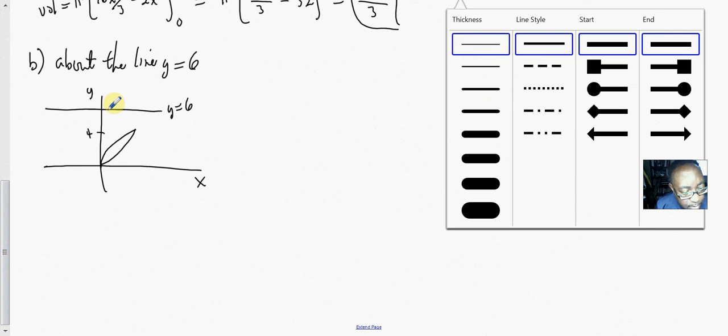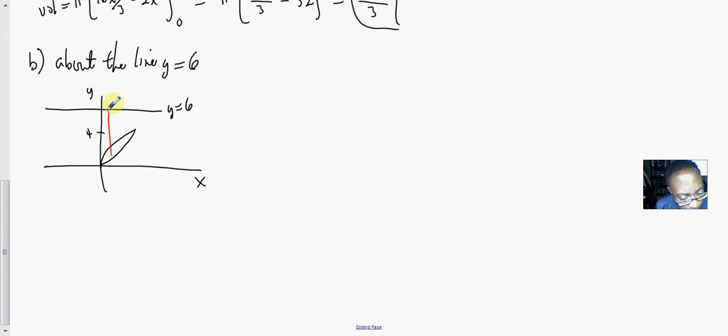So if you think about it, capital R is this. This is R of x. And then the hole is little r of x. So capital R of x is 6 minus the curve on the bottom, 6 minus x squared.